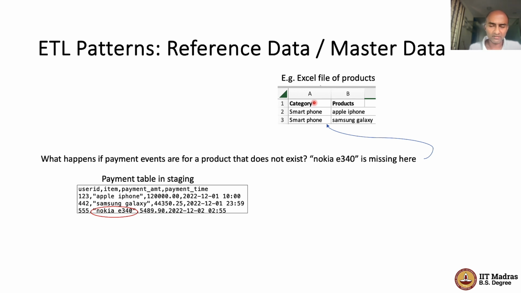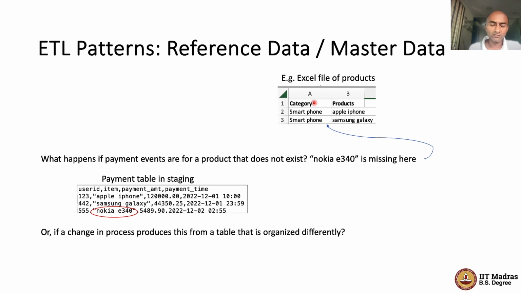Now you can go back to the business and say, look, here are all the products which have been recorded in the system, which I have captured, which you have not provided to me. Now you tell me whether these products are legitimately being sold, or is that a problem in the supply chain? Is that a problem in the inventory management? So that's a better way to solve it.